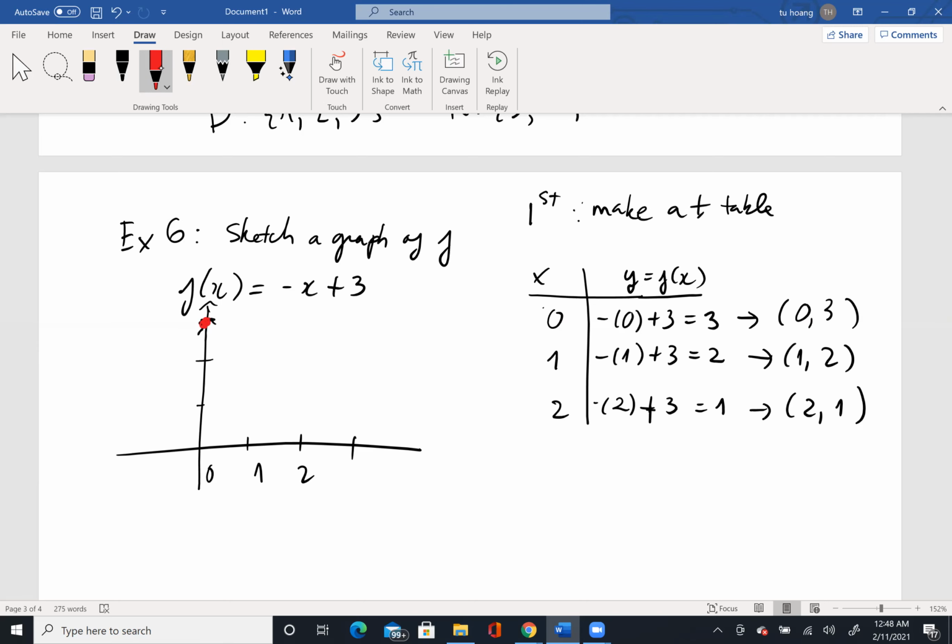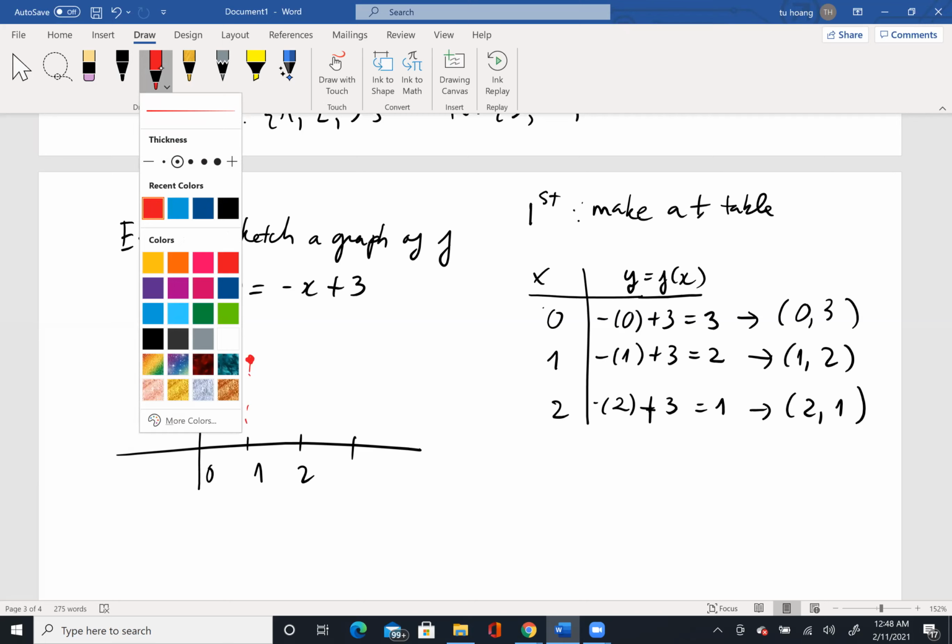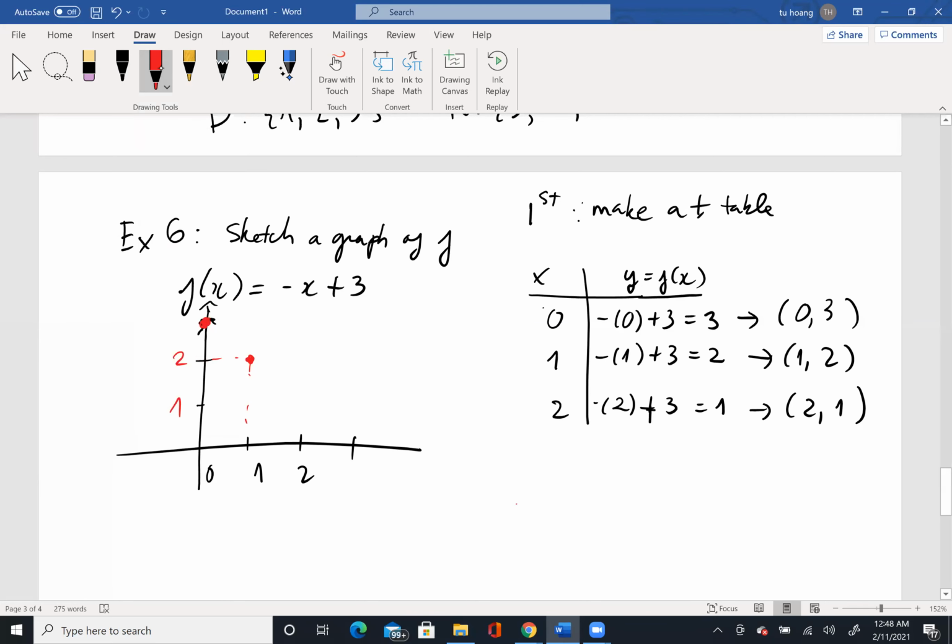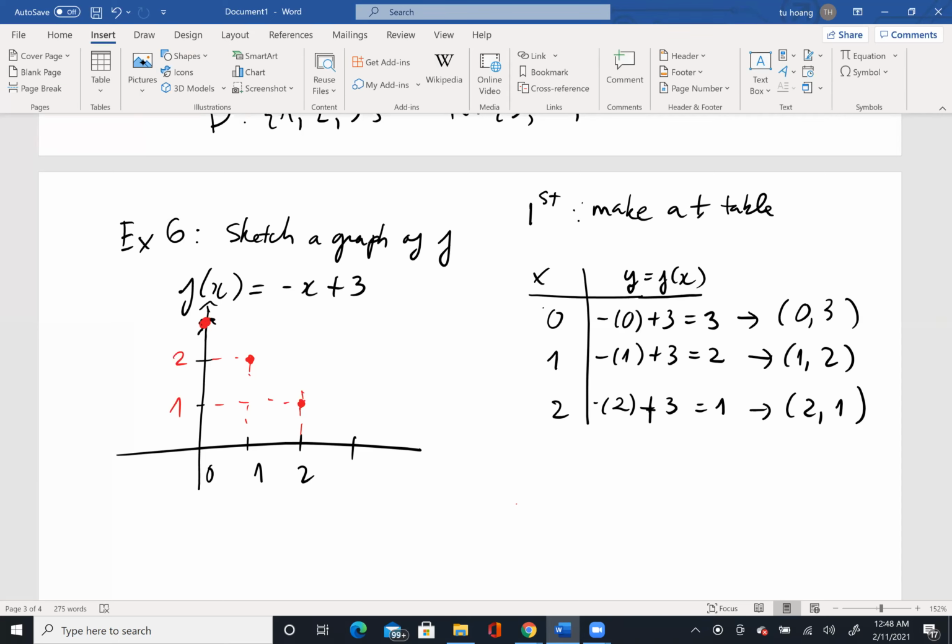I have 1 and 2. So that's another one. And then 2 and 1. So here's 2 and then 1. So here's another one. Then we can just draw a line through these 3 points, and that should be it.